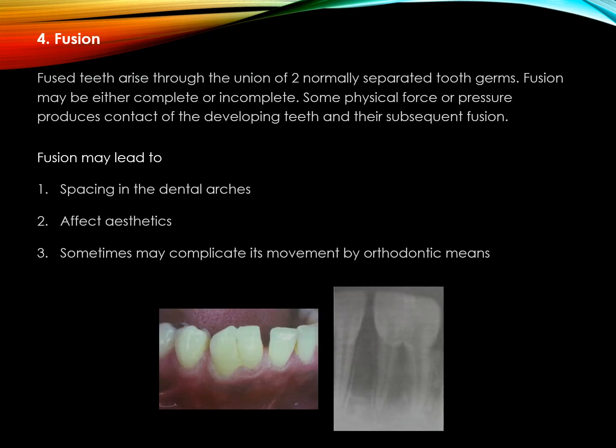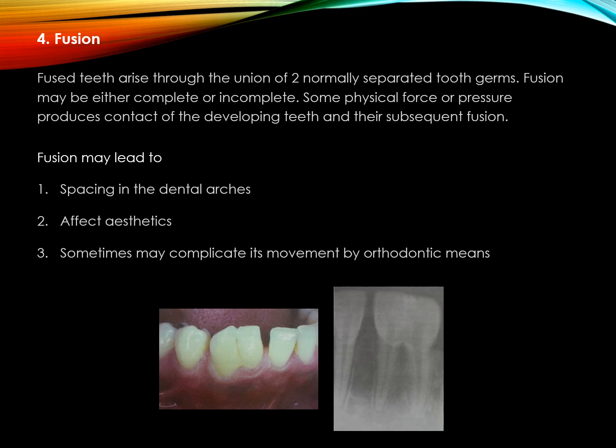The next anomaly is fusion or fused teeth. So fused teeth arise through the union of two normally separated tooth germs. Fusion may be either complete or incomplete, and some physical force or pressure produces contact with the developing teeth and their subsequent fusion. So that is how two germs get to fuse.